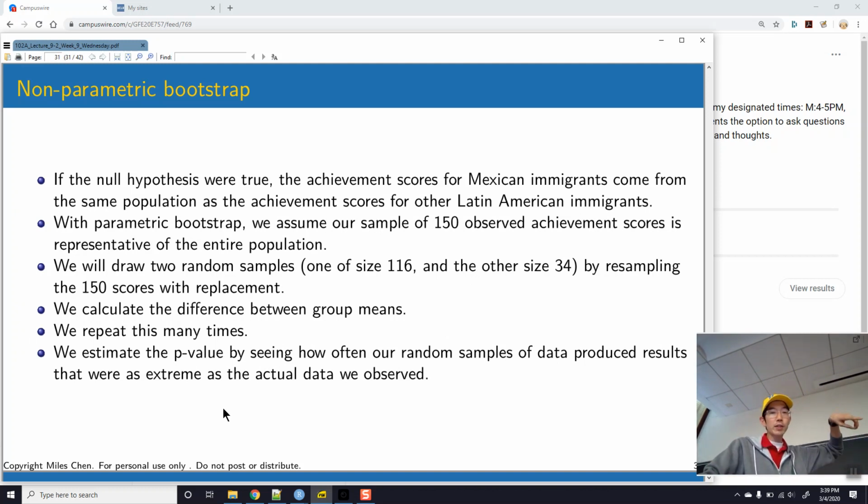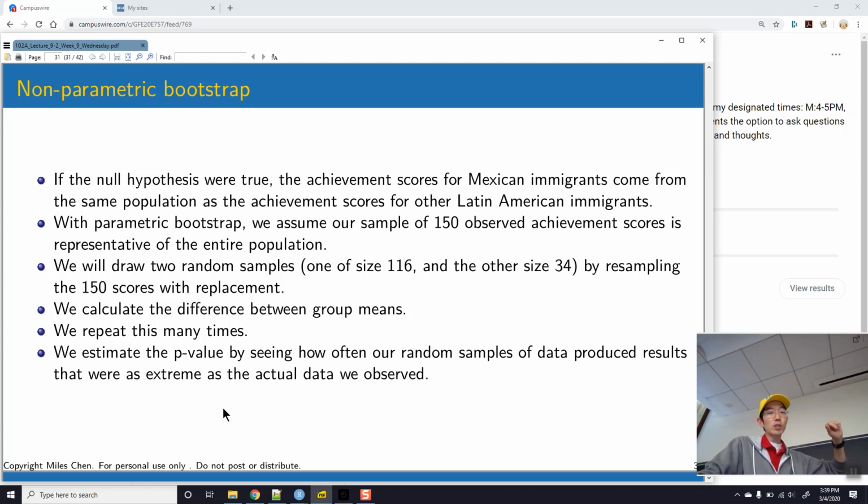If the null hypothesis were true, the achievement scores for Mexican immigrants come from the same population as the achievement scores for other Latin American immigrants. With the bootstrap, we assume our sample of 150 observed achievement scores is representative of the entire population.